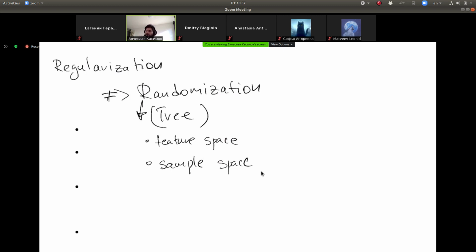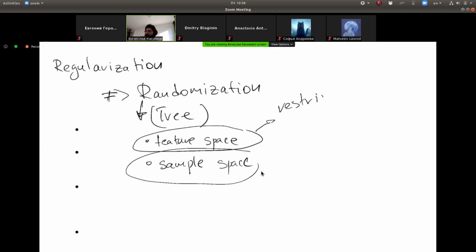Here maybe you can use more aggressive randomization than in random forest. For example, we can use only 10 features out of thousands for each tree, which would not be very good for bagging, because in bagging we care about having low bias.